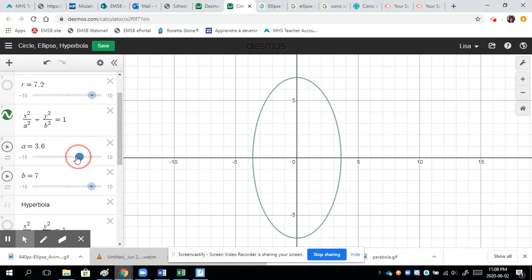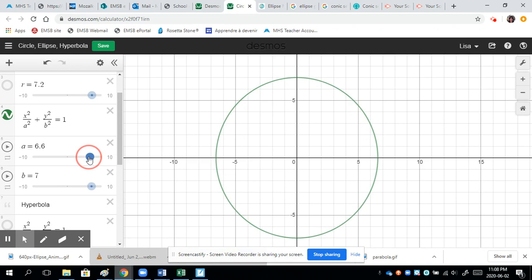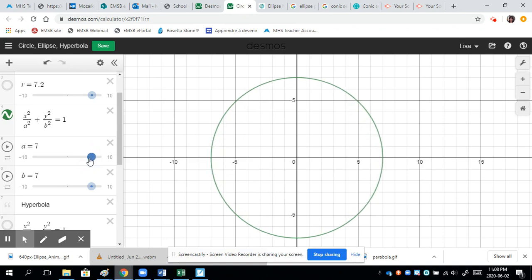And if A and B are the same, just want to show you what happens here. If A and B are the same, we actually have a circle. Okay, so that's what an ellipse is.